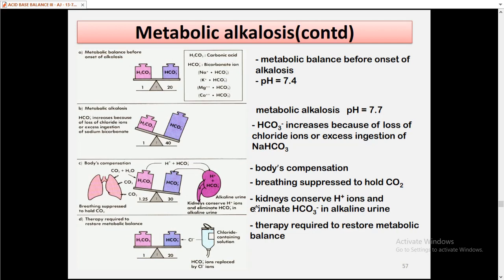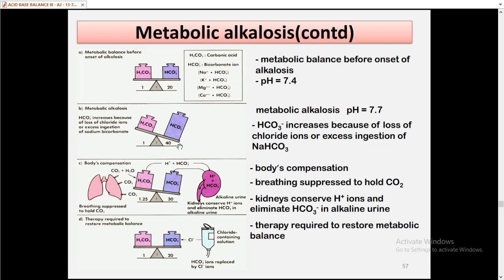Again, this is reflecting the normal acid-base environment of the body, with a ratio of base to acid of 20 to 1, bicarb to carbonic acid, at a pH of 7.4. Now, once the alkalosis sets in and the pH starts rising, the bicarbonate also increases. This could be due to loss of chloride ions or excess ingestion of sodium bicarbonate.